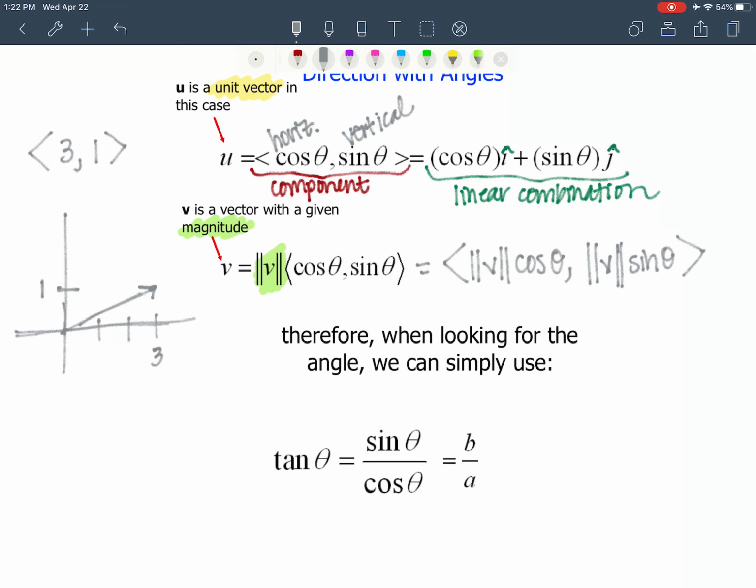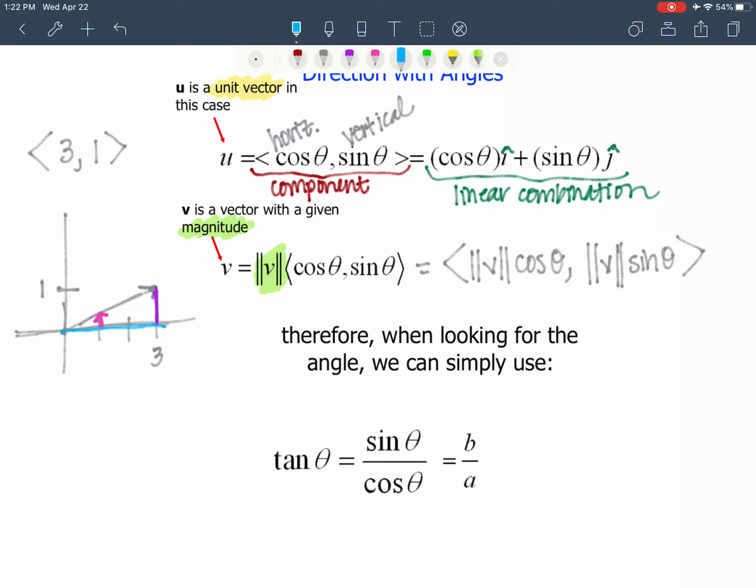If I want to find the direction of this angle theta, I know it's in quadrant 1, right? I need to know what this angle is, so my angle in standard position. Well, I'm going to find that angle by making my little right triangle.